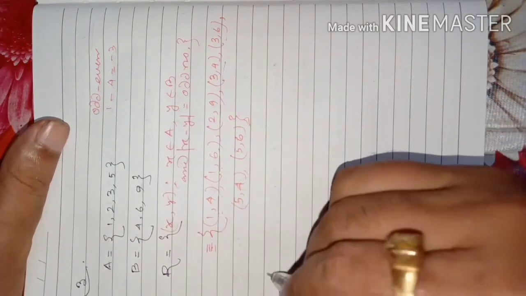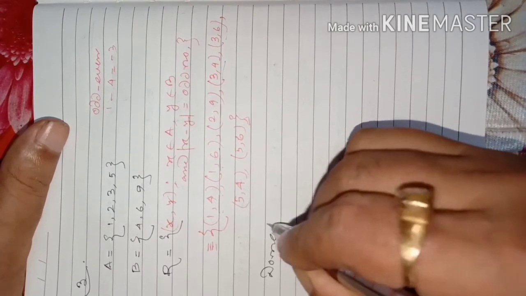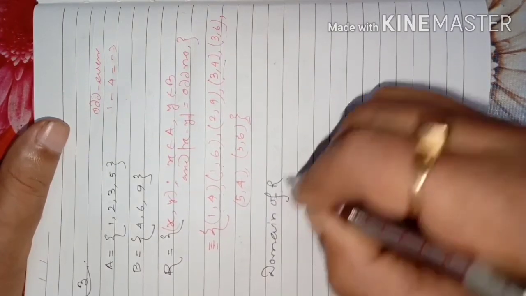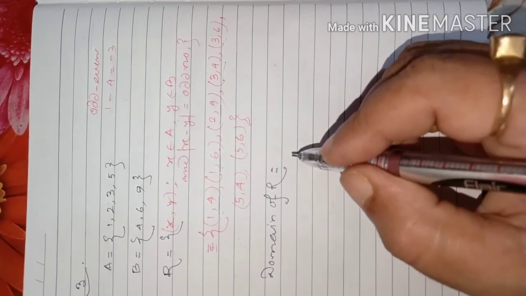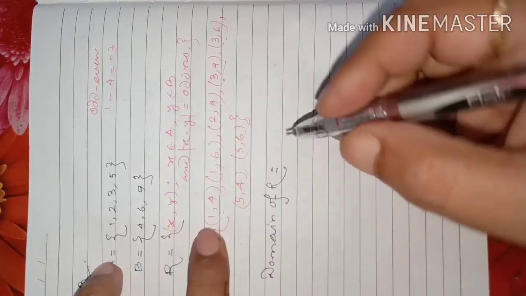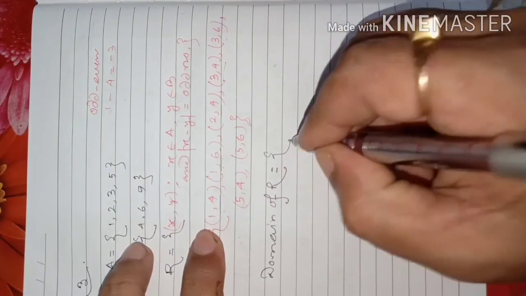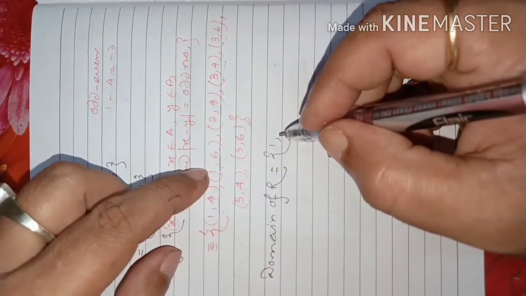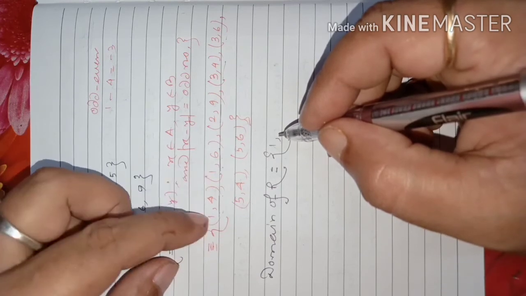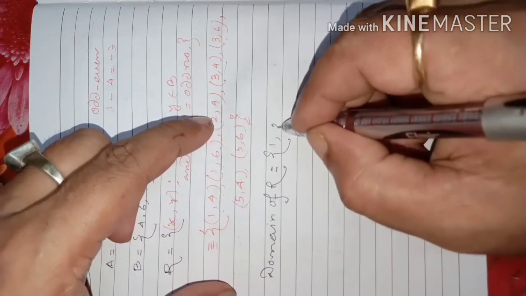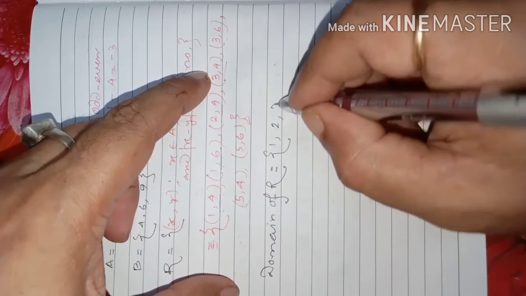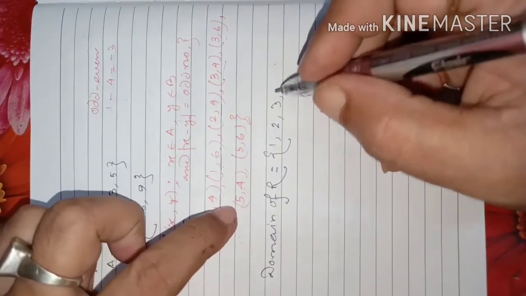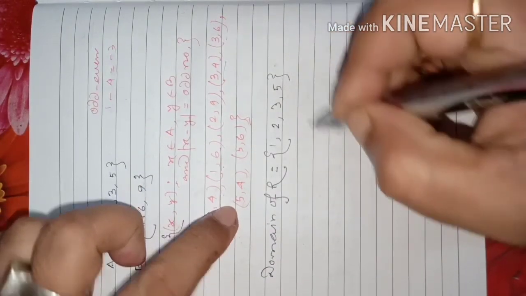So then what is the domain of R? Domain of R is 1, 2, 3, 5. No need of writing twice, because an element is written only once. This is the domain.